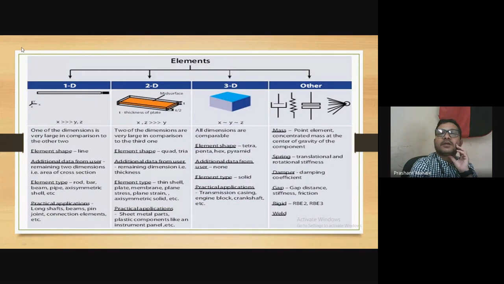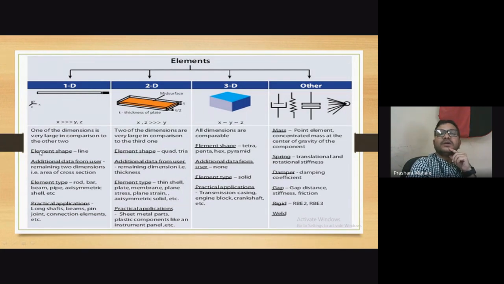In XYZ space coordinates or space dimensions, if you consider XYZ as space dimensions, and X is much greater than Y and Z, we call that 1D. Any element or any shape, any mechanical member which has one dimension very high compared with the two others, then the 1D element must be the element to be selected.